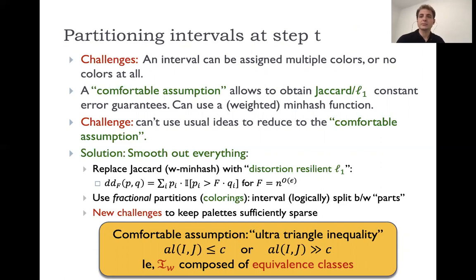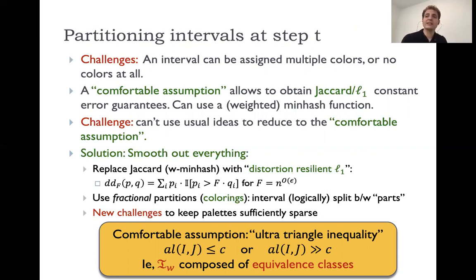We don't assume perfect neighborhoods anymore; we just have the regular triangle inequality. So this creates multiplicative approximation distortion, and we would like to distinguish it from additive errors. We use this distortion resilient L1 function.